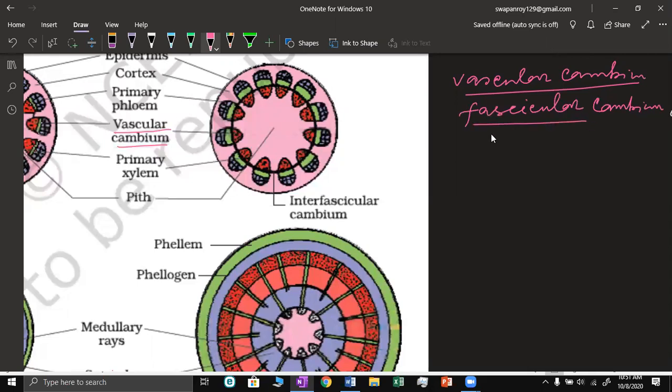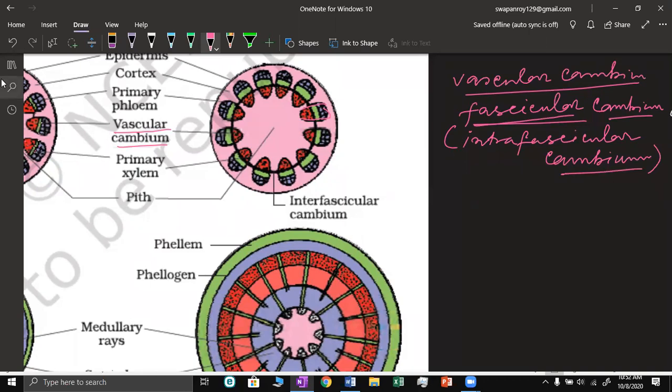Fascicle means bundle. So fascicular cambium, and as it is present within the vascular bundle, we can call it intrafascicular cambium. Intra means within.